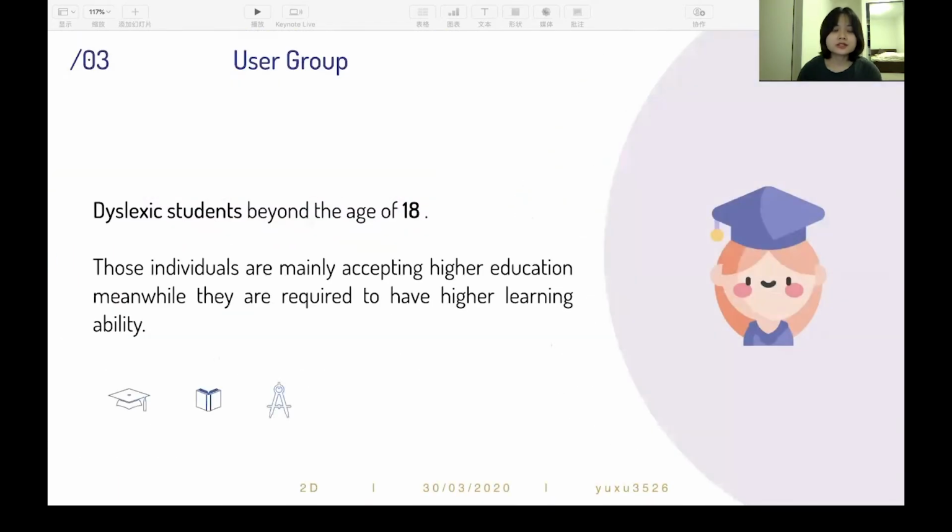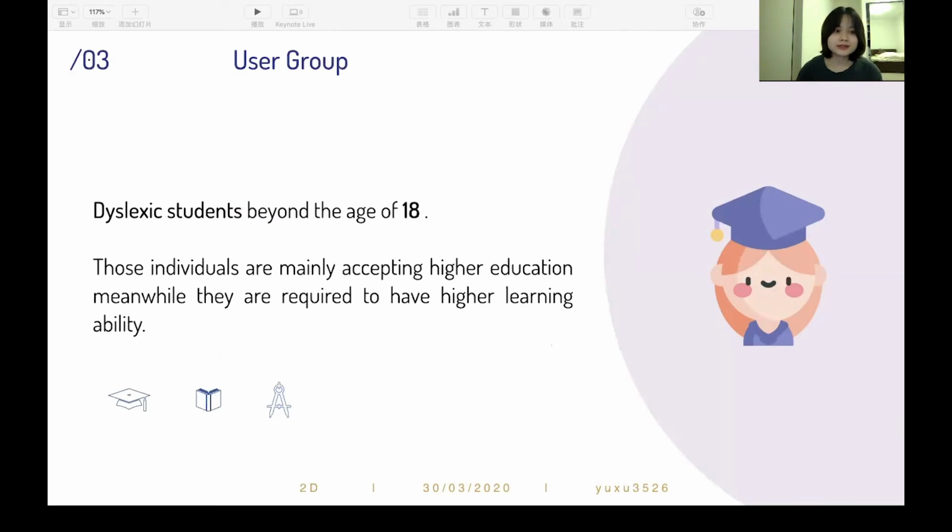Further research and details on dyslexia, including its causes and its influence on behaviors and emotion, can be seen in the appendix.